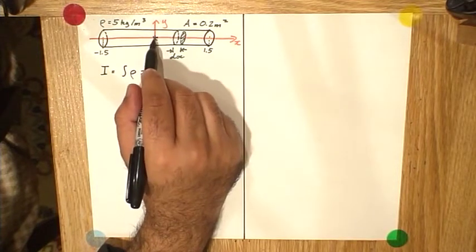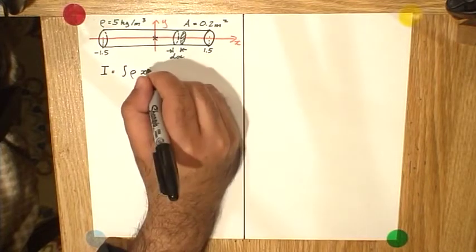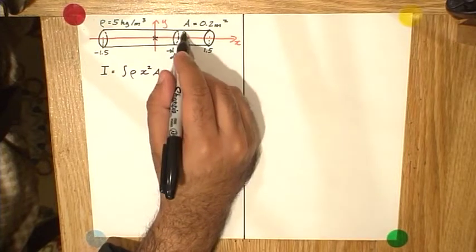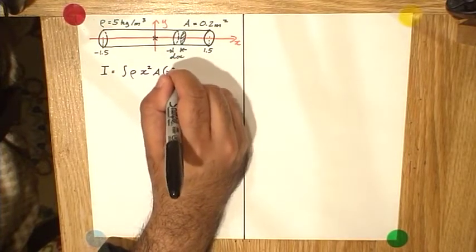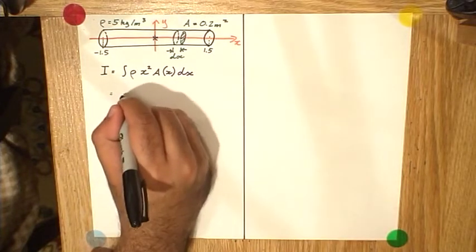But since we put the center of rotation at the origin, that means that we're really just looking at the position of that infinitesimal slice. That gets squared. Multiplied by the cross-section area of the slice, that's A, dx. Now let's plug in everything that we know.